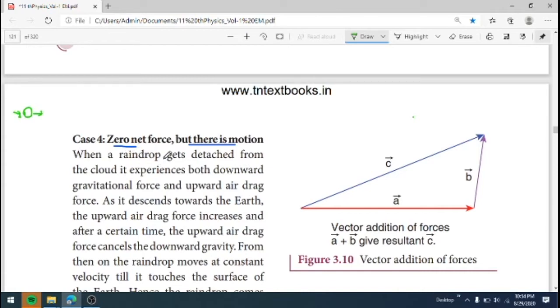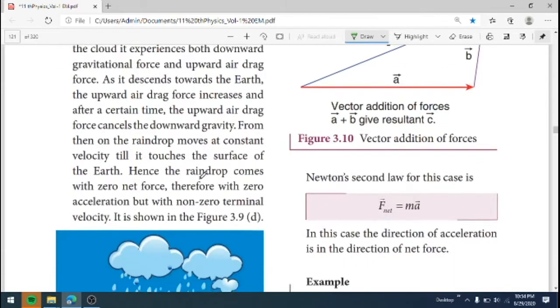But this is not true in the case of the falling of a raindrop. A raindrop experiences no net force, but still it is in motion. Quite interesting, no? Shall we learn more about it?